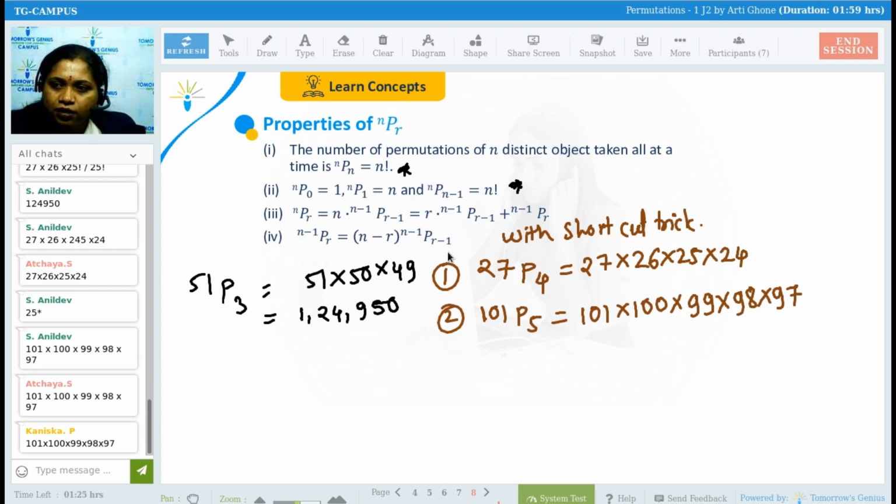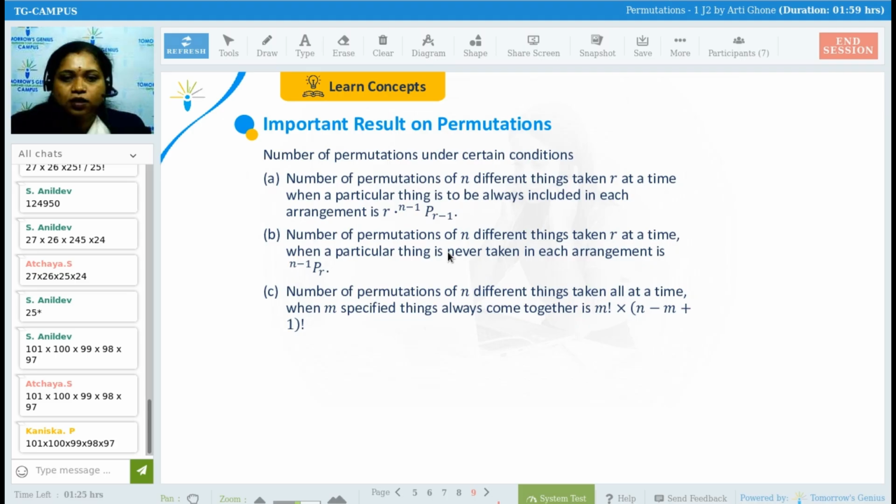Got it? Clear? Now, next one. Some important results of permutations. If you are confused by these results, don't remember them. But if you want to do something extra with respect to JEE, don't forget these results.